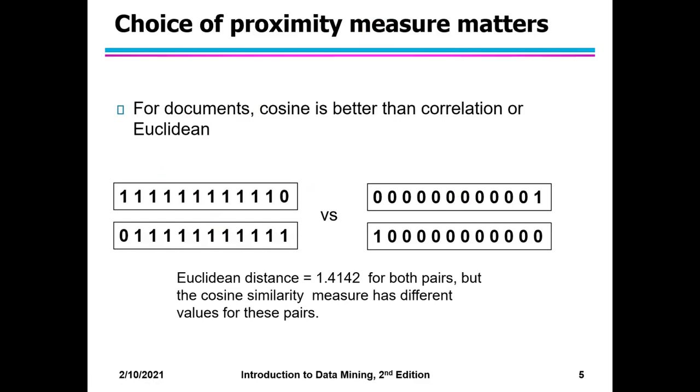If you see over here, the Euclidean distances for both of these data, for example, if I find the Euclidean distance between this data and that one, and this and that one, two data sets, the Euclidean distance is the same, although the data is different, right? So that's why we go for cosine similarity measures. Why do we go for that? Because cosine is different for these two, and for these two data it is different, right? That's why cosine is considered to be a better choice instead of the Euclidean distances.